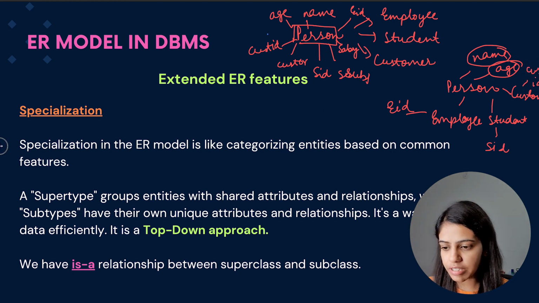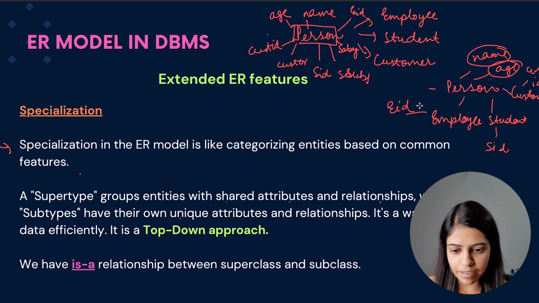Specialization in the ER model is like categorizing entities based on common features. A super type is a group of entities with shared attributes and relationships, while subtypes have their own unique attributes, that is EID, SID and CID, and the shared attributes are name and age.